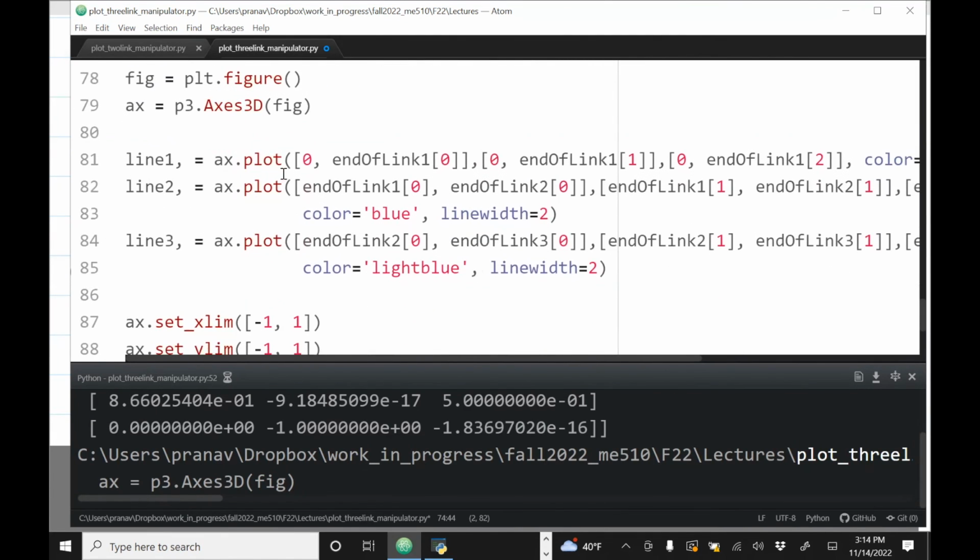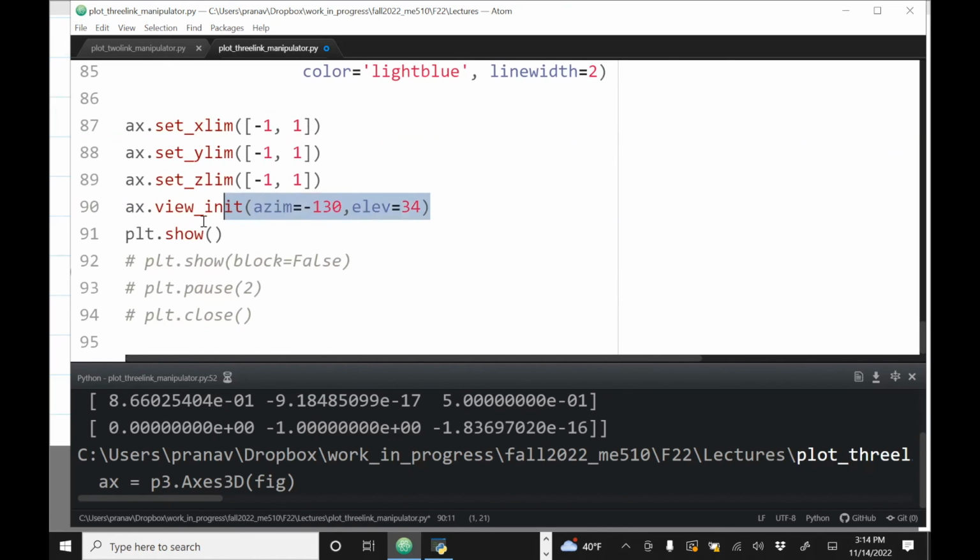And then in order to create the plot, I just go plot X, Y, Z in some color. Then the X coordinates of link 1, link 2, Y coordinates of link 1, link 2, and then the Z coordinates of link 1, link 2, with a blue and then light blue.